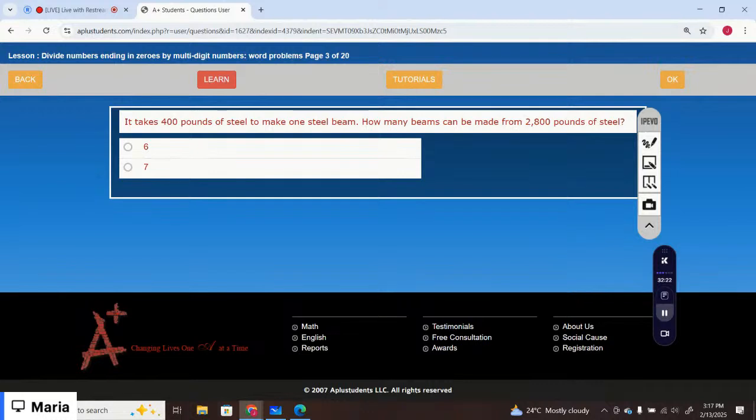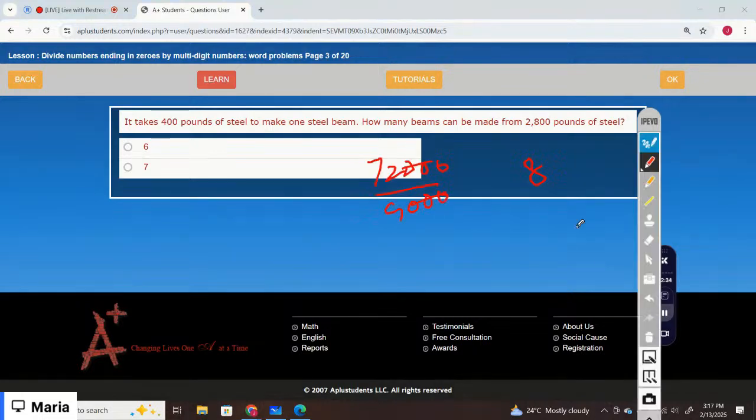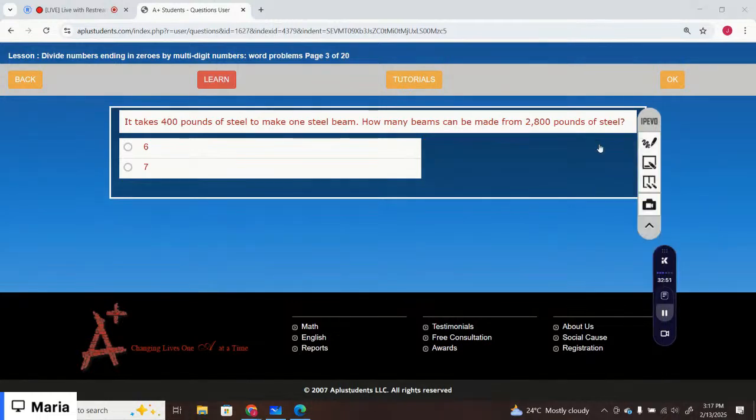You have to divide 2,800 by 400. So both of them have two zeros, they can cancel out. Now you have to divide 28 by 4. What number times 4 is 28? 4 times 7 is 28. Option number 2 is the correct option.